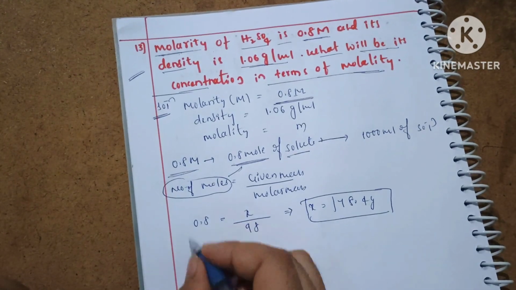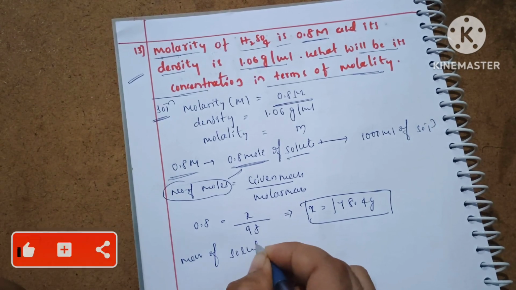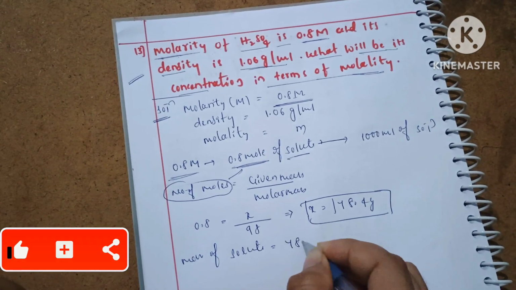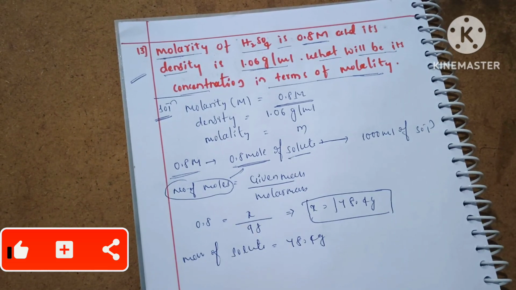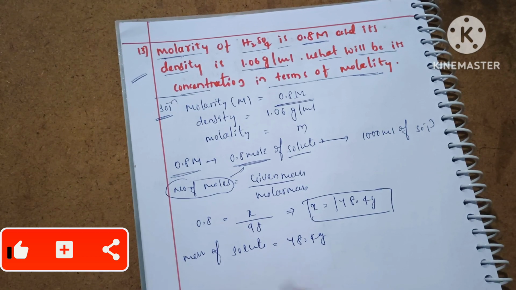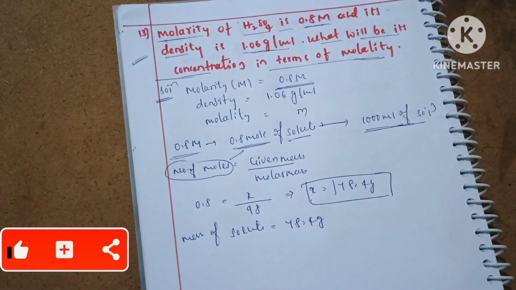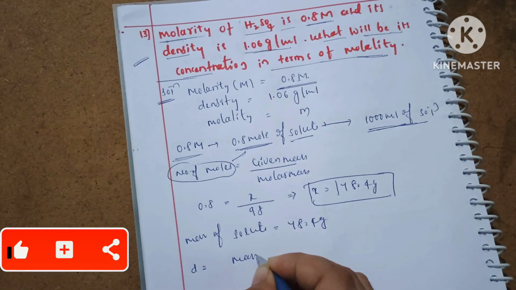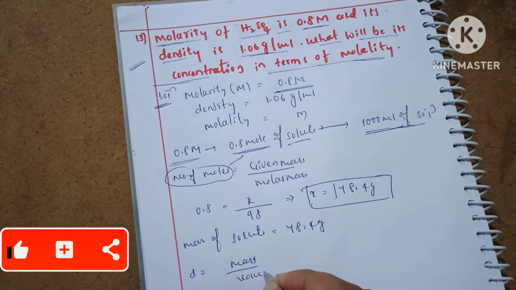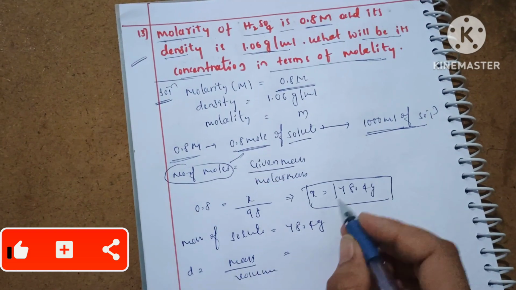Now we have got 78.4 gram. Now what do we want? We want the mass of solvent, but we don't know the mass of solution. We know the volume of solution, and we have the density. Density is equal to mass by volume, but we want mass and he has given the volume.